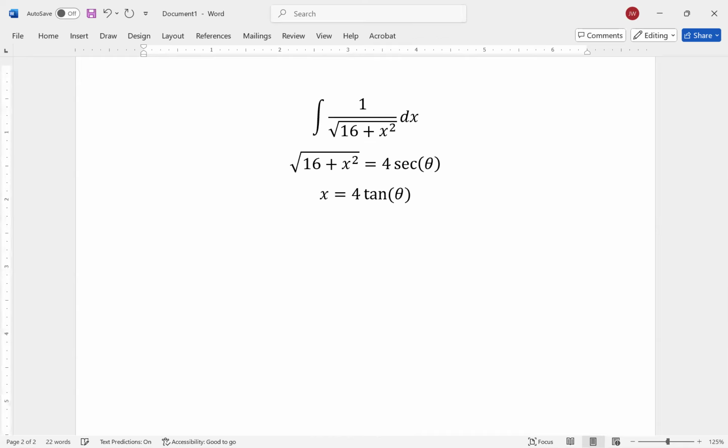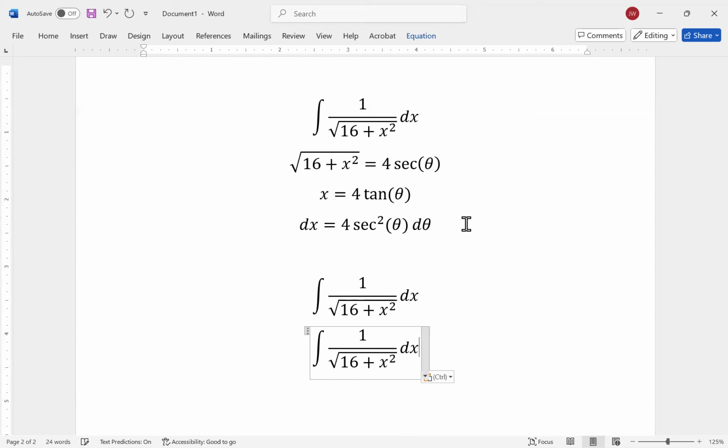Now, if I take a derivative of tangent, that's going to be secant squared. So my differential exchange is that dx is equal to 4 secant squared d theta. And now I'm ready to substitute.